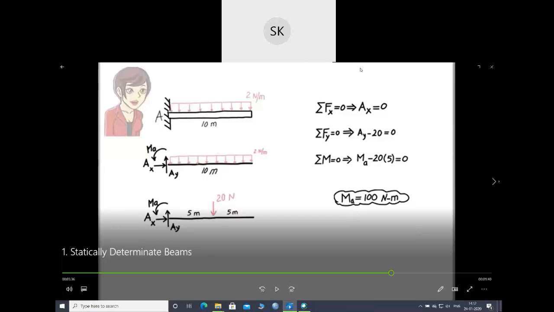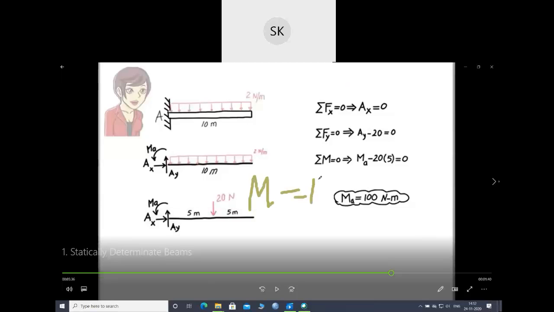So we know moment is force into distance, right? My force is 20. For a UDL, we take half of the span length as the distance.